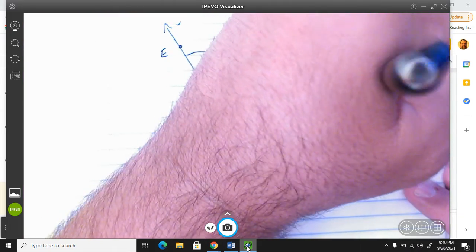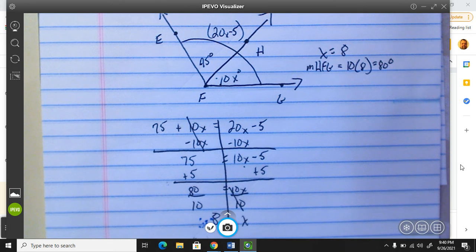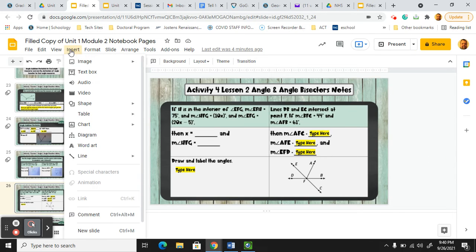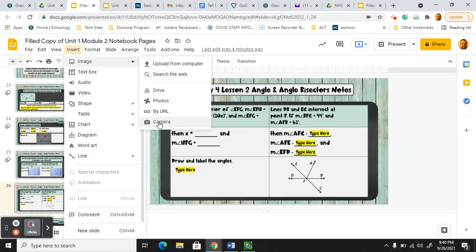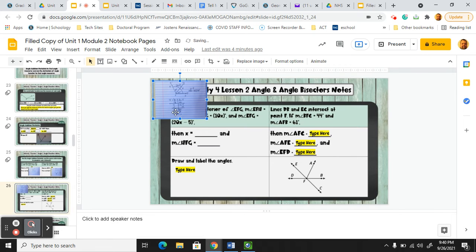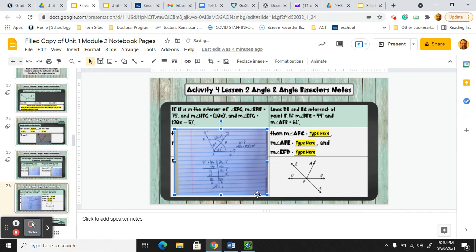So that gives me 80 degrees. So I'm just going to take that, insert image by camera, take a picture of it, and insert that in. I have that all written down, so there's no reason to type in there.